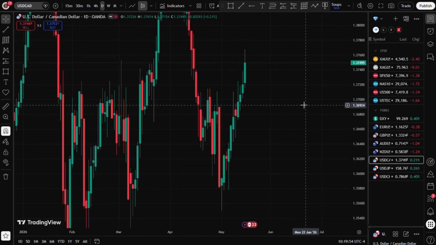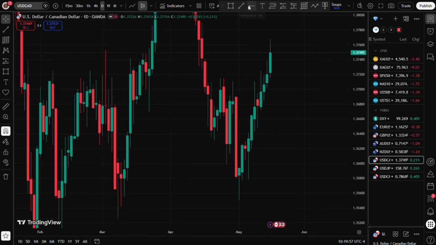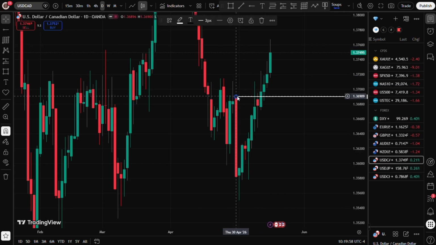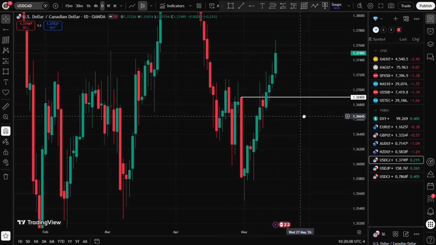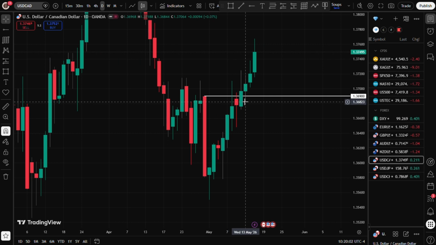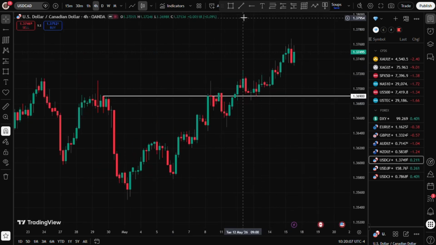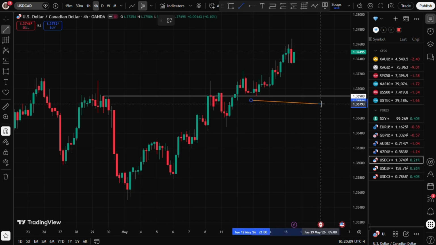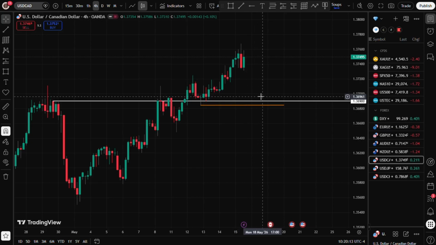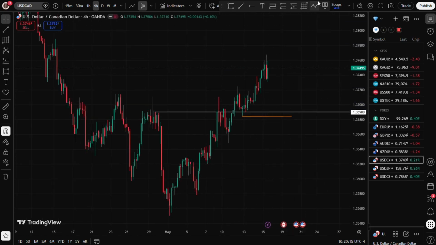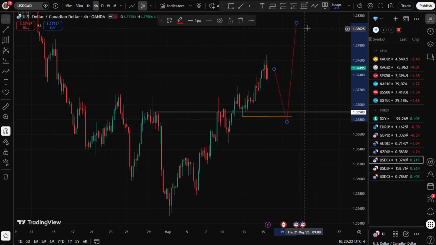And on USD CAD, we can be expecting price to drop into this bullish order block that is in line with this mitigation block over here, and then on the 4-hour time frame check out this particular low here, use that as an inducement for the liquidity that is needed for price to keep moving higher. So we could potentially see price drop into this area and accumulate more orders here before going higher.